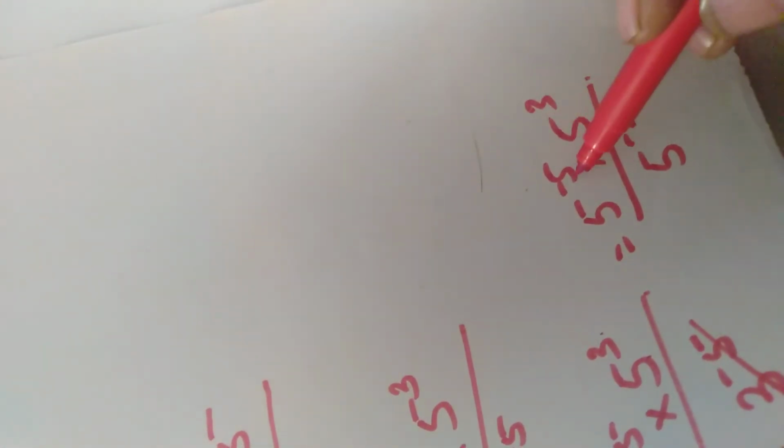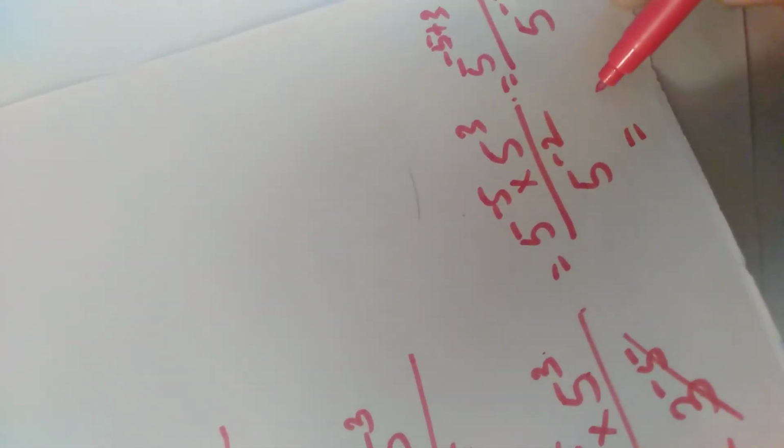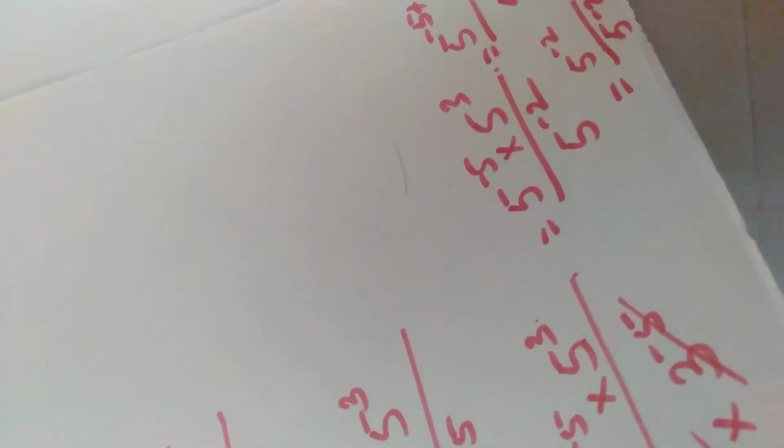You will see that minus 5 and plus 3 is minus of 2. So this becomes 5 to the power minus 2 upon 5 to the power minus 2, which again cancels up, and the answer is 1.